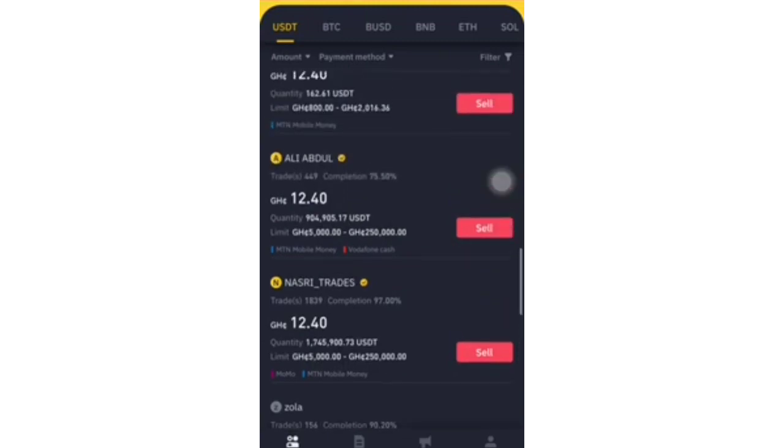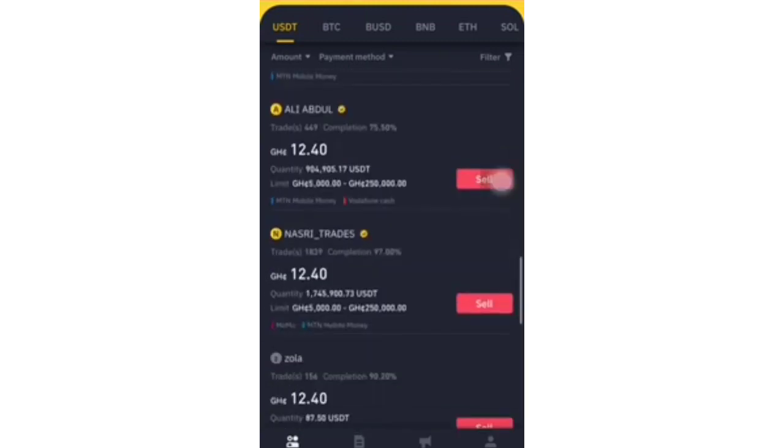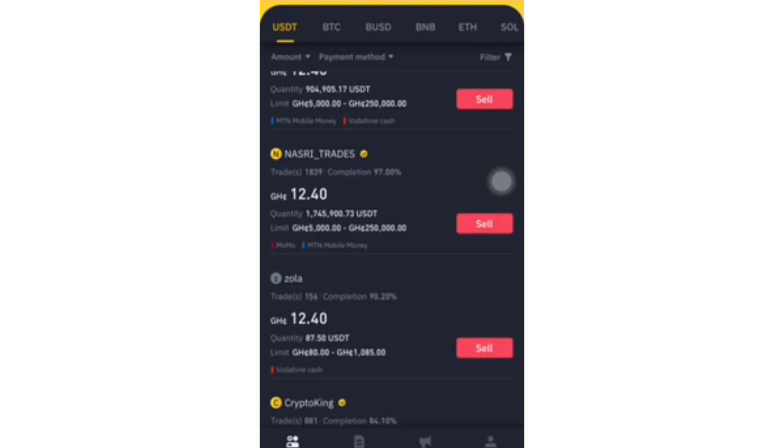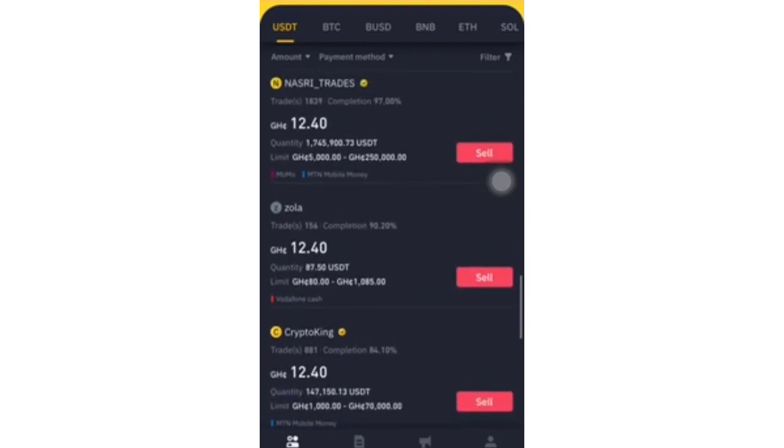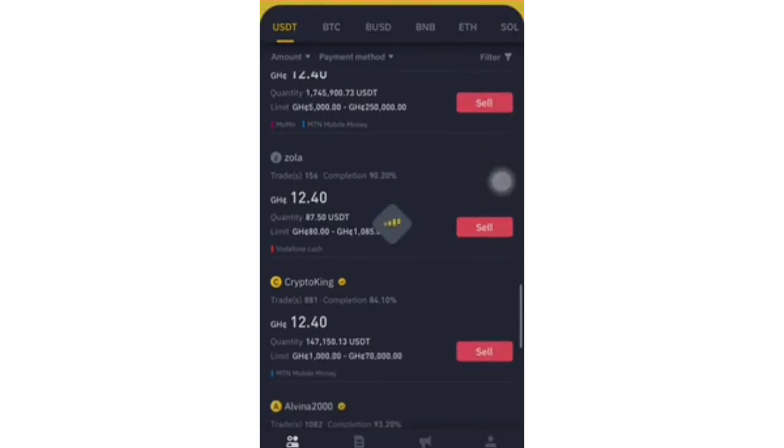Because if you're a trader who wants to trade just maybe 1,000 Ghana cedis, you can't trade with this guy that says the minimum is 5,000 Ghana cedis and 250,000 Ghana cedis is the maximum, and is ready to buy a quantity of 1,745,900 USDT, like US dollars. That's huge. So if you don't have that money, you can't trade with this guy.